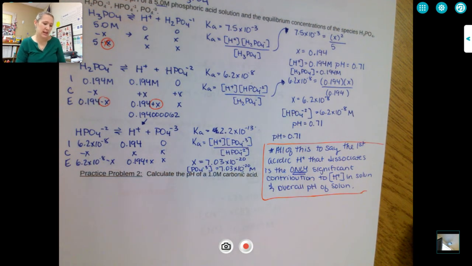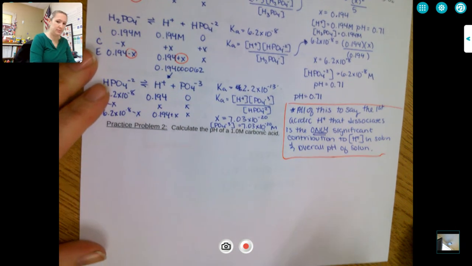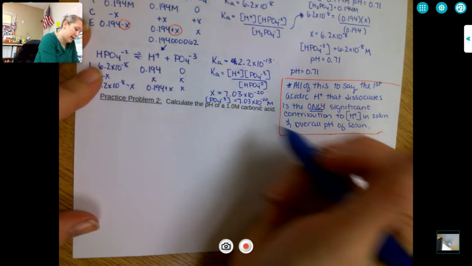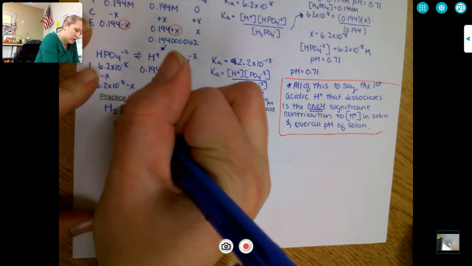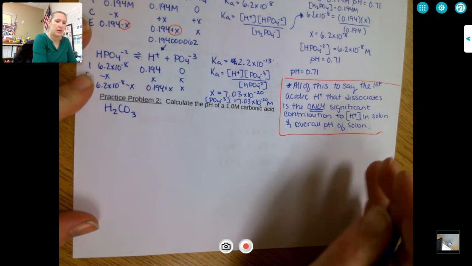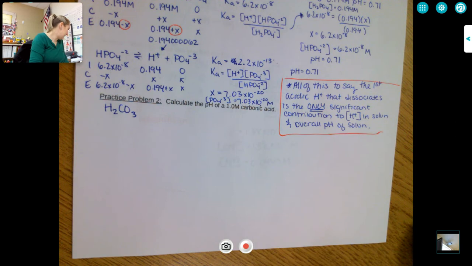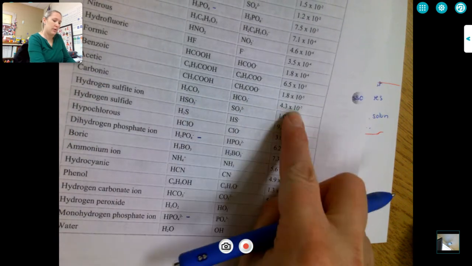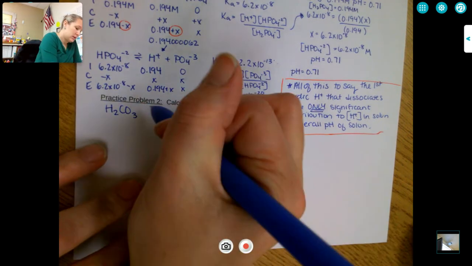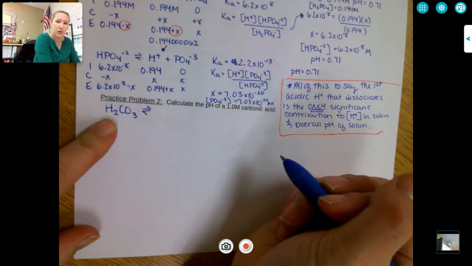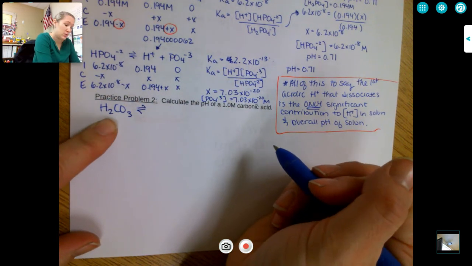So if I said, well, what's the pH of 1 molar carbonic acid? Well, you'd look and see carbonic acid, H2CO3, is a weak acid. We can find it on our chart, I think. Yep. On our chart here, 4.3 times 10 to the negative 7 is its Ka value. And polyprotic acid, we can lose multiple hydrogens.